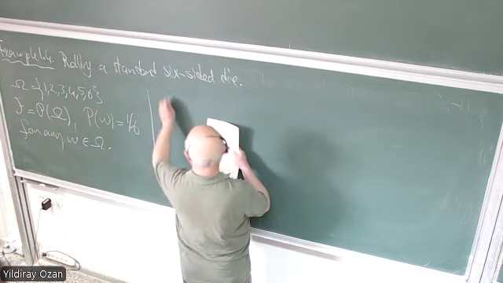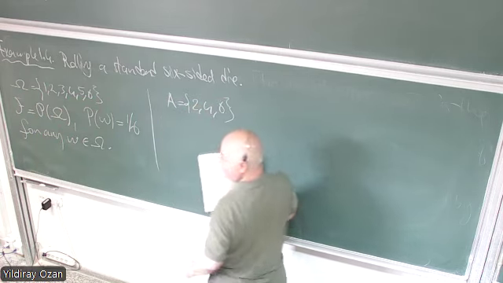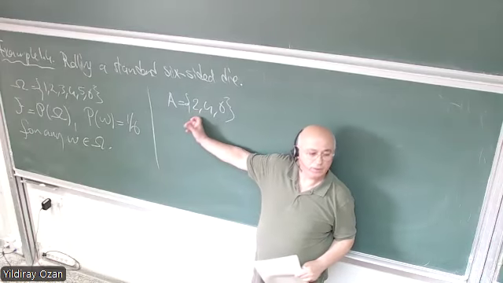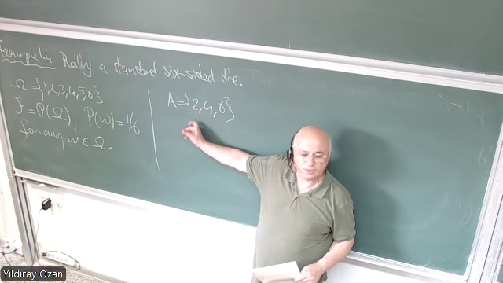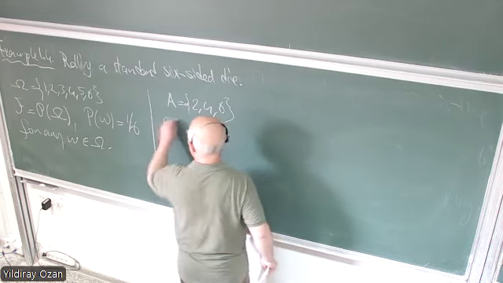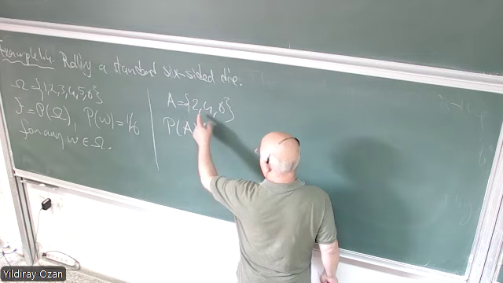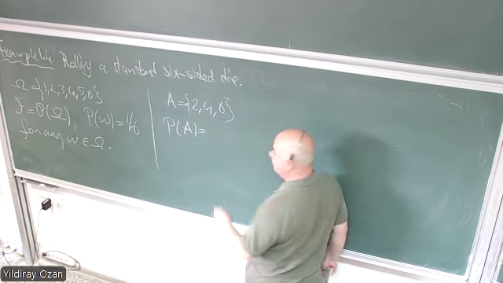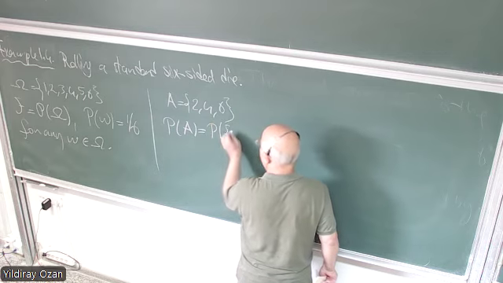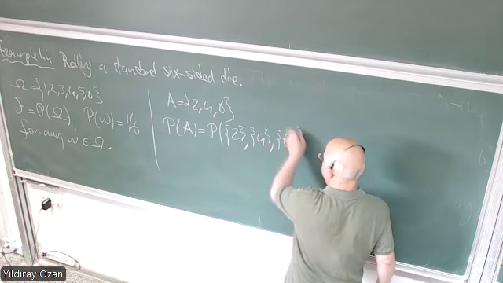So for example, if A is the set of even outcomes, so A is the event that the outcome is an even integer, what is the probability of this event? Well, this is a union of 3 disjoint events, 2, 4, and 6.